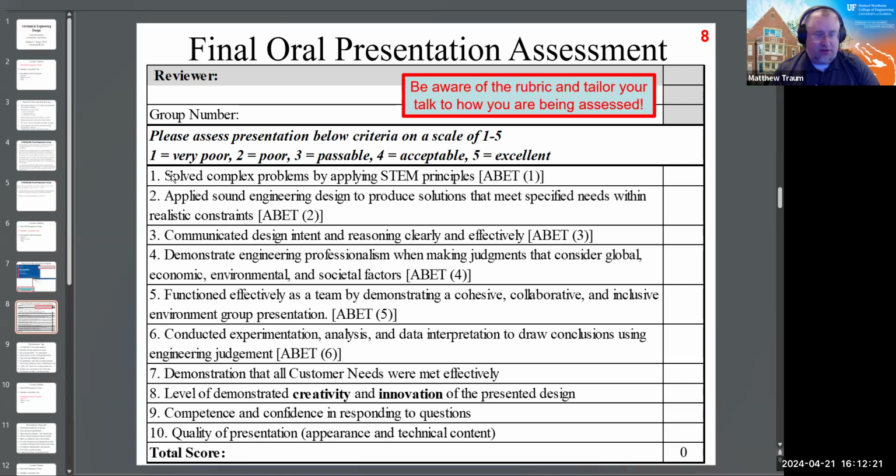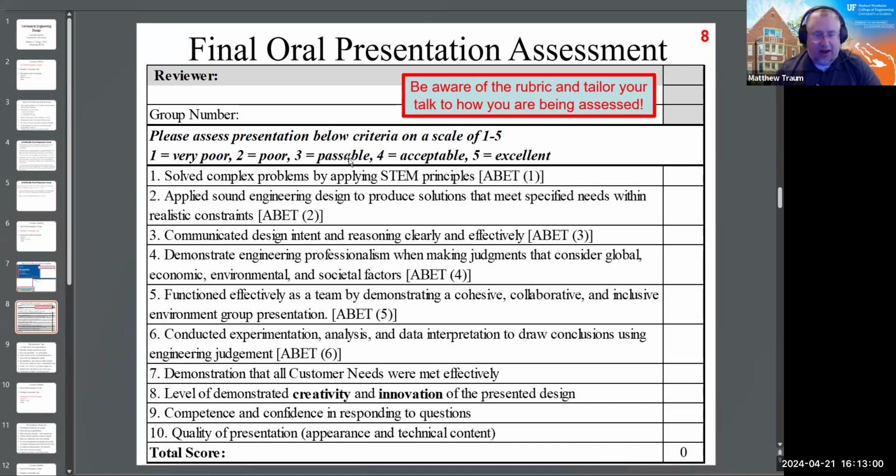So we want to see that you've solved complex problems by applying STEM principles, that you've applied sound engineering design to produce solutions that meet needs within realistic constraints, that you've communicated your design intent and reasoning, that you demonstrate engineering professionalism when making judgments considering global, economic, environmental, and societal factors, that you functioned effectively as a team by demonstrating a cohesive, collaborative, and inclusive environment in group presentations, and that you've conducted experiments, analysis, and data interpretation to draw conclusions using your judgment.